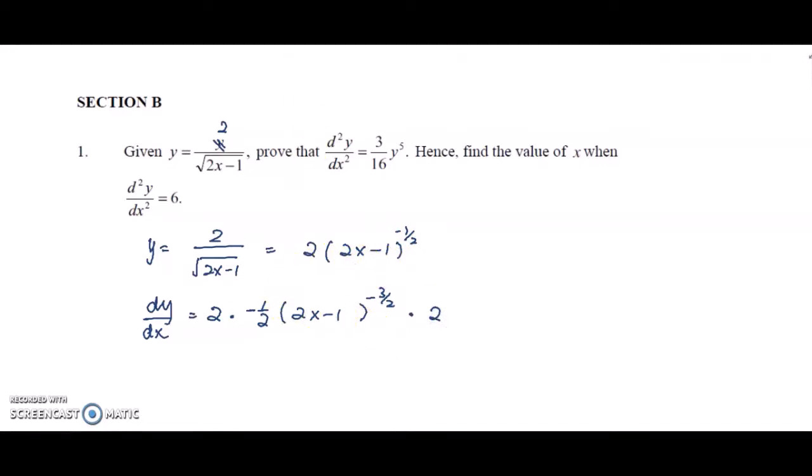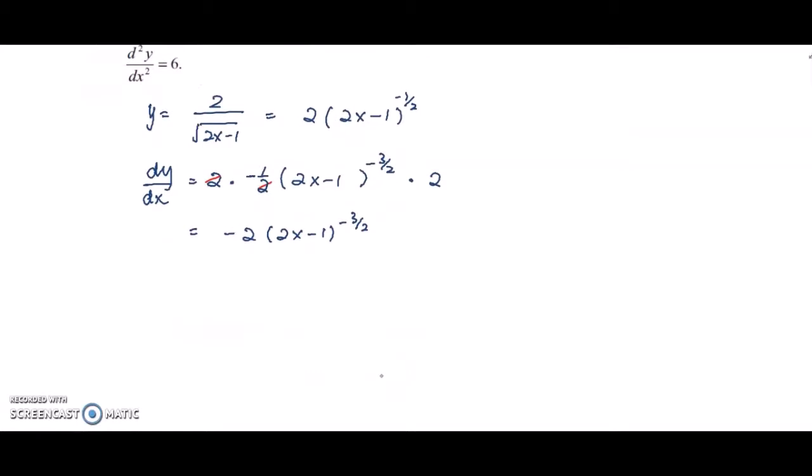Now we can simplify by cancelling this 2 and write them in the proper way. You have your negative 2, 2x minus 1 power of negative 3 over 2. I'm not going to write in the form of a square root, because I still need to find my second derivative. This form will be just nice for finding the second derivative.